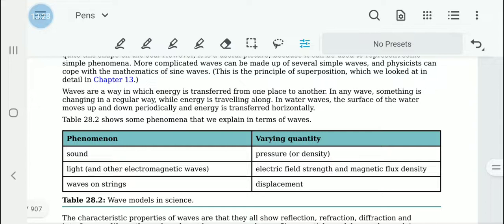When waves transfer energy, some characteristic needs to change in a regular way. For example, in water waves, the surface water moves up and down while transferring the energy horizontally.